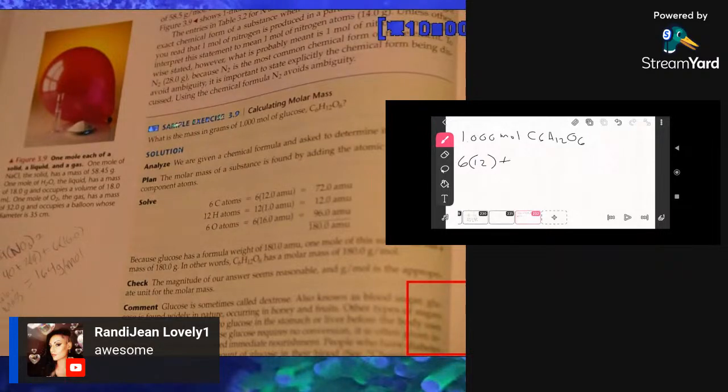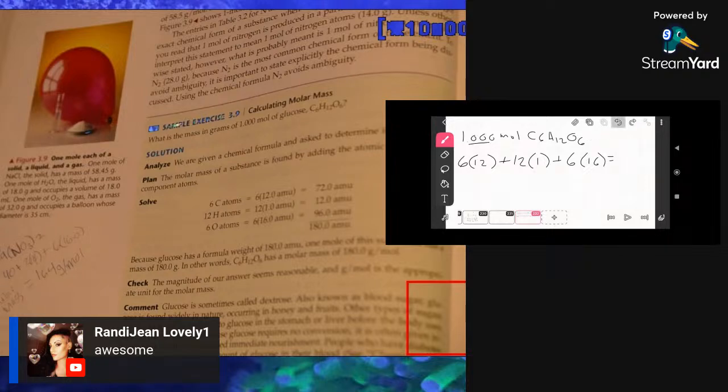And then how much do 12 hydrogens weigh? Hydrogen has a weight of 1. And keep in mind the amount of sig figs, okay? Plus 6 oxygen. I want to say oxygen weighs 16, but I have to check real quick. And this will give me the atomic mass unit of this.